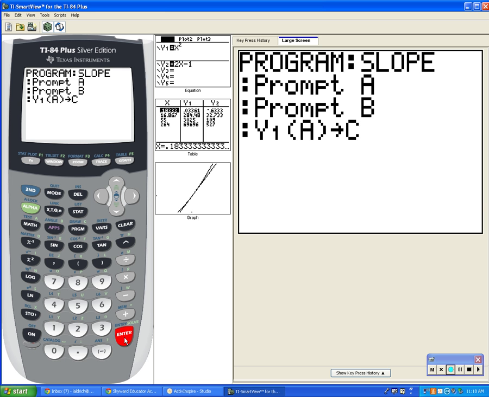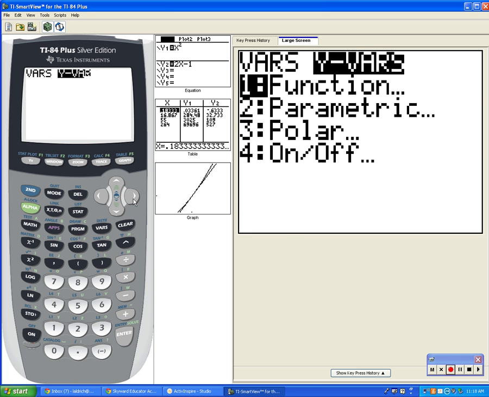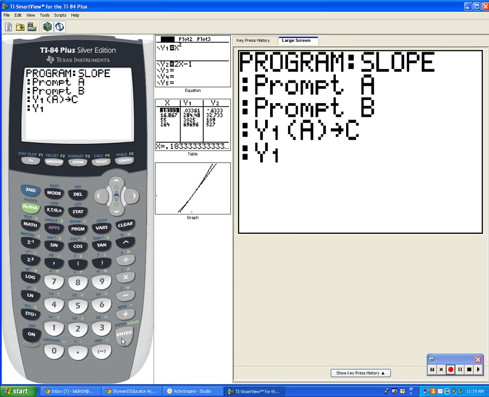Now I'm going to show you, Patricia, how you would get the Y1 up there if you don't have the new thing. It's cumbersome, but here's how it goes. You hit the Y bars button, then go over to the Y bars, hit enter for functions, and then hit enter again for Y1. That's a little bit longer, but it'll work. Or you can do alpha F4 and get Y1.